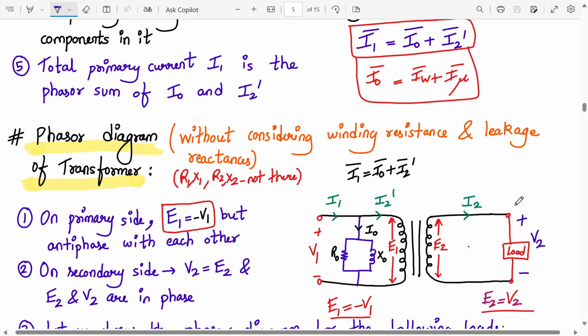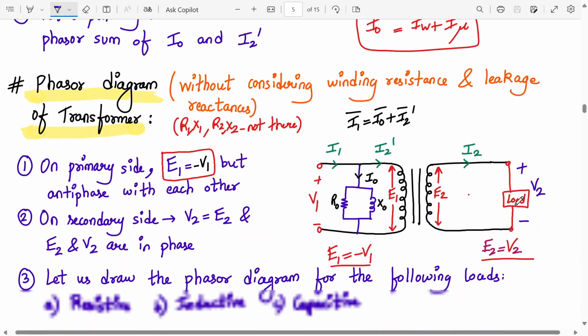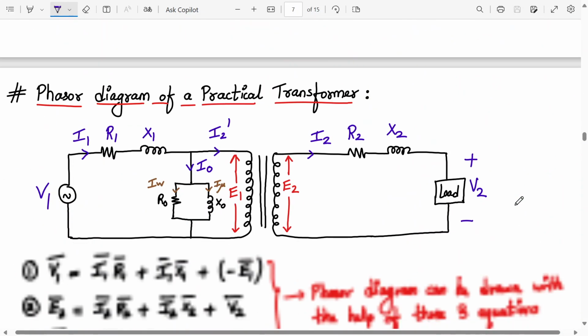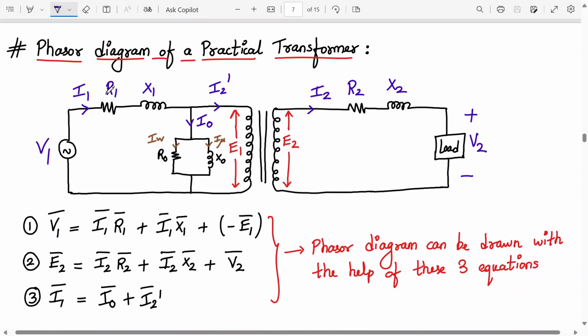Then we'll draw the phasor diagram of a practical transformer with R1, X1, R2, X2, everything together, with resistive load, inductive load and capacitive load. So let's take a break now. We'll meet after half an hour.